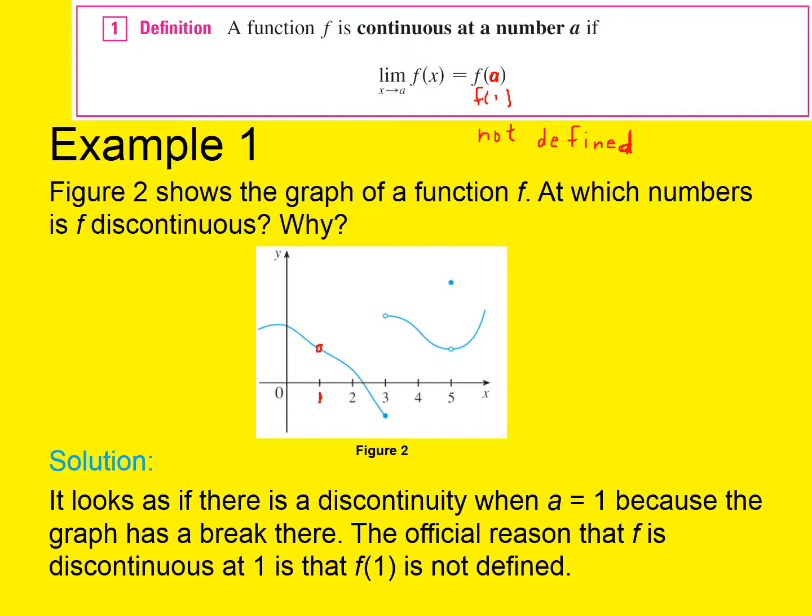It would go something like this. See, my pen's still on the paper, drawing the open circle, keep going. That does not count. It's a hole in the graph, and you can't be continuous if you have a hole.